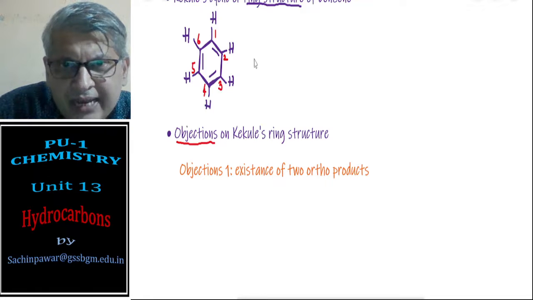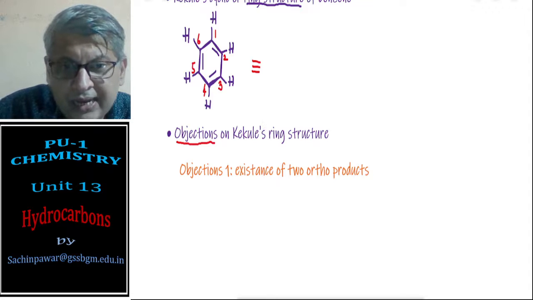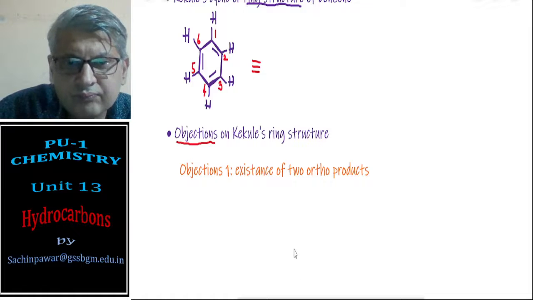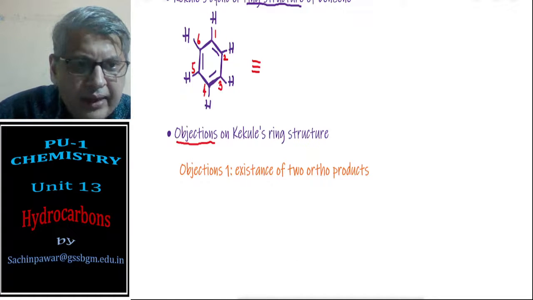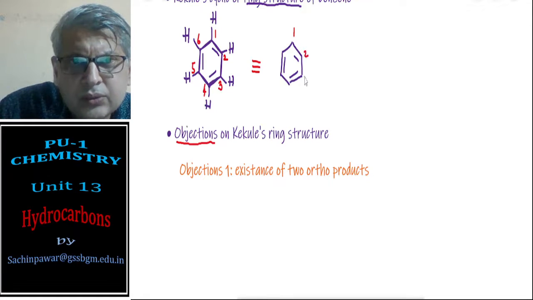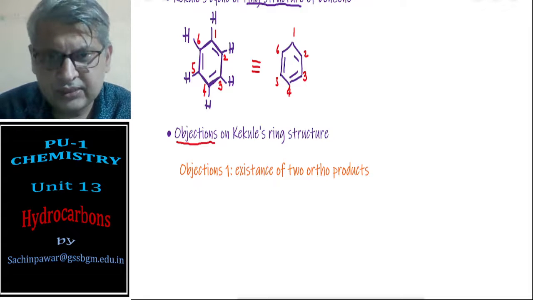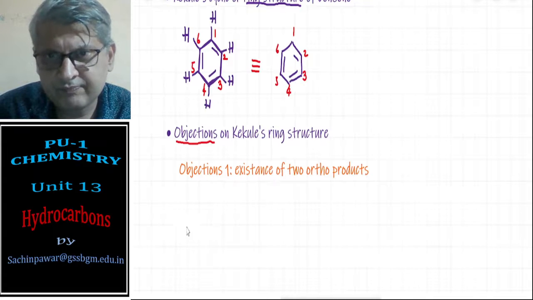Now this structure I can rewrite in the bond line notation, where the carbon hydrogen bonds are not shown. So this is the bond line notation, and the numbering for this is also 1, 2, 3, 4, 5, 6. This is the Kekulé structure. Okay, let's go with the objections.